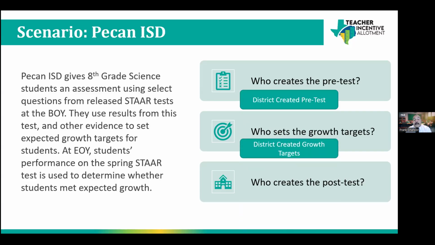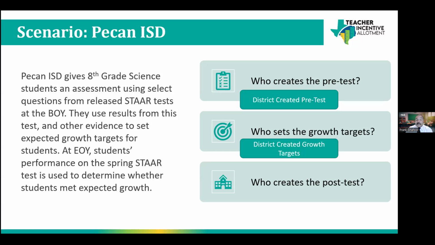And who sets the growth targets? Whenever we have a district created pretest, it automatically defaults to the district setting the growth locally for those courses. They use the results from the test and other evidence to set expected growth targets for students. So the district is doing that. And then who creates the post-test?